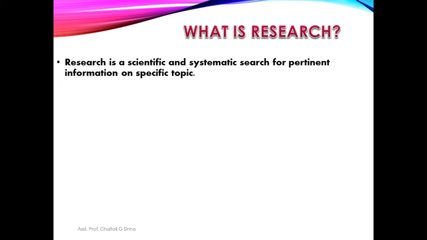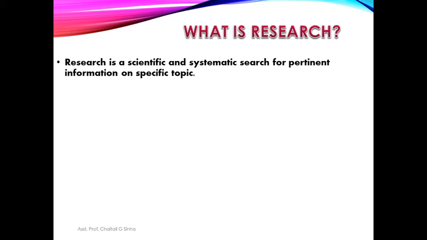So when you do a continuous search on a specific topic, done in a scientific and systematic method, so that you can find a body of truth or body of knowledge, that is known as research.